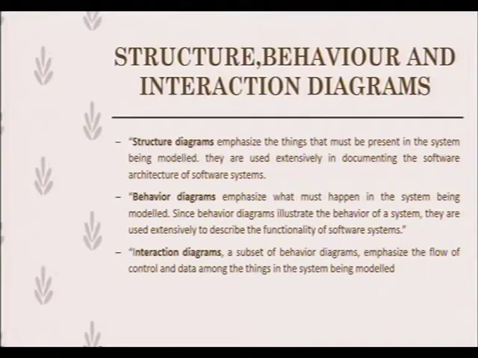For example, structure diagrams emphasize the things that must be present in the system being modeled, and they are also used extensively in documenting the software architecture of software systems. That's how we should understand structure diagrams. As for behavior diagrams, these emphasize what must happen in the system being modeled, and they illustrate the behavior of a system.